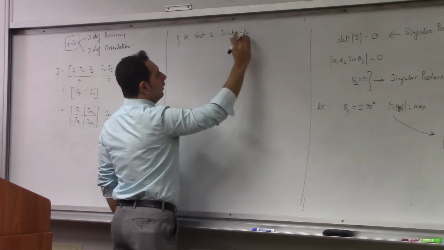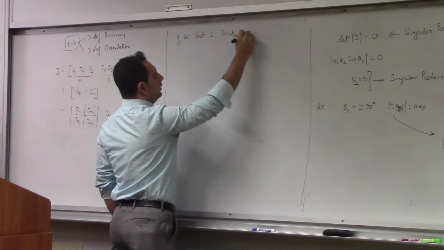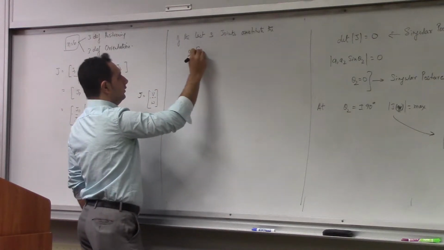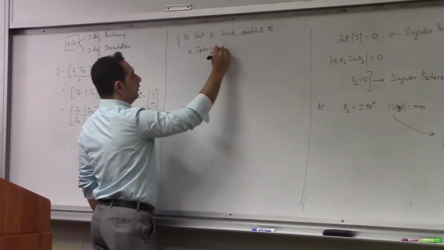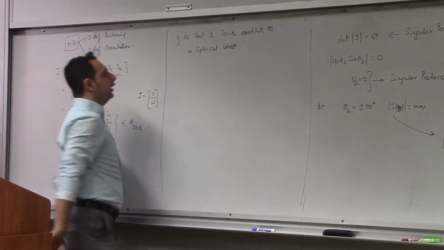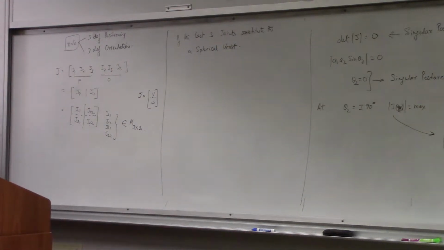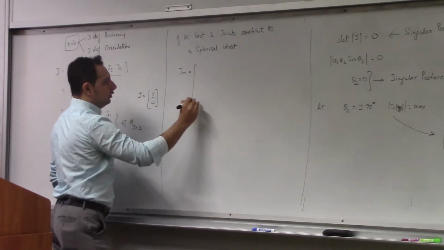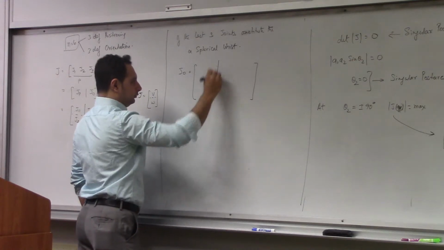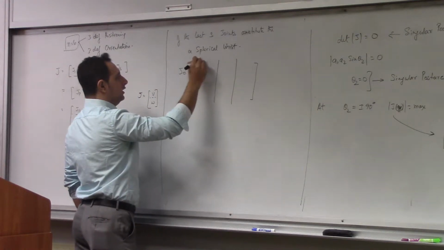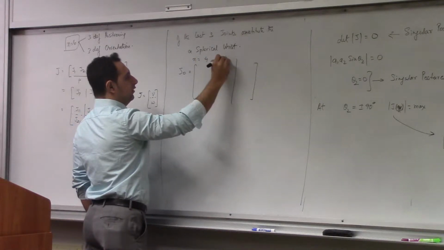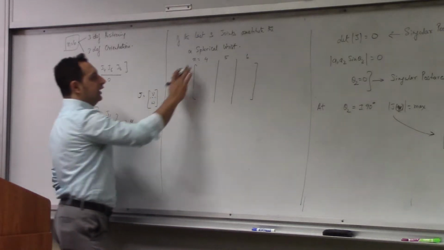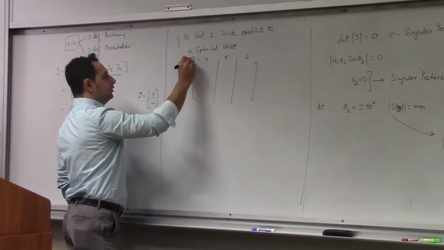If the last 3 joints constitute a spherical wrist, then JO will be equal to the last 3 joints, i equals 4, 5, and 6, right? Let me use the number i. i goes from 1 to 6.